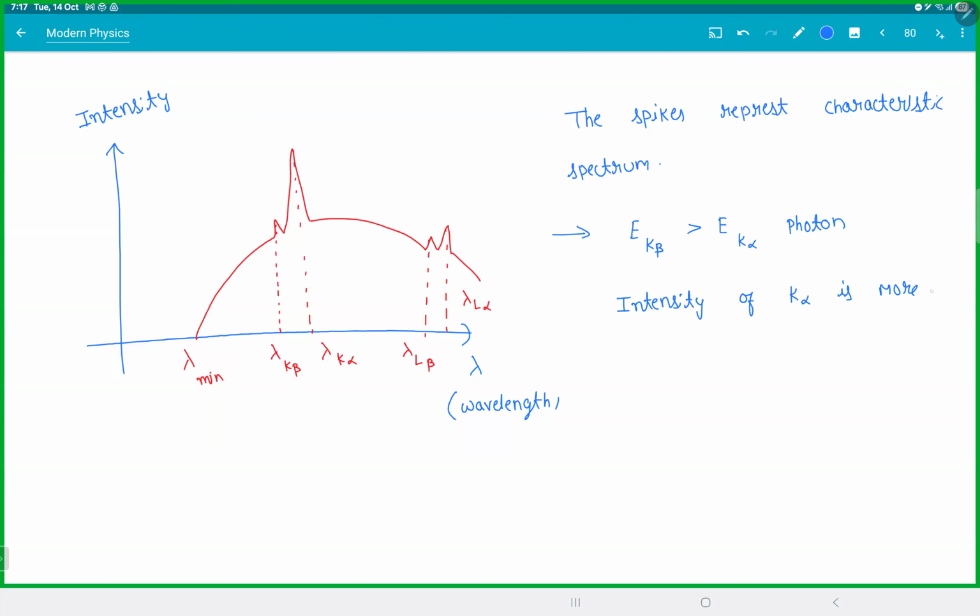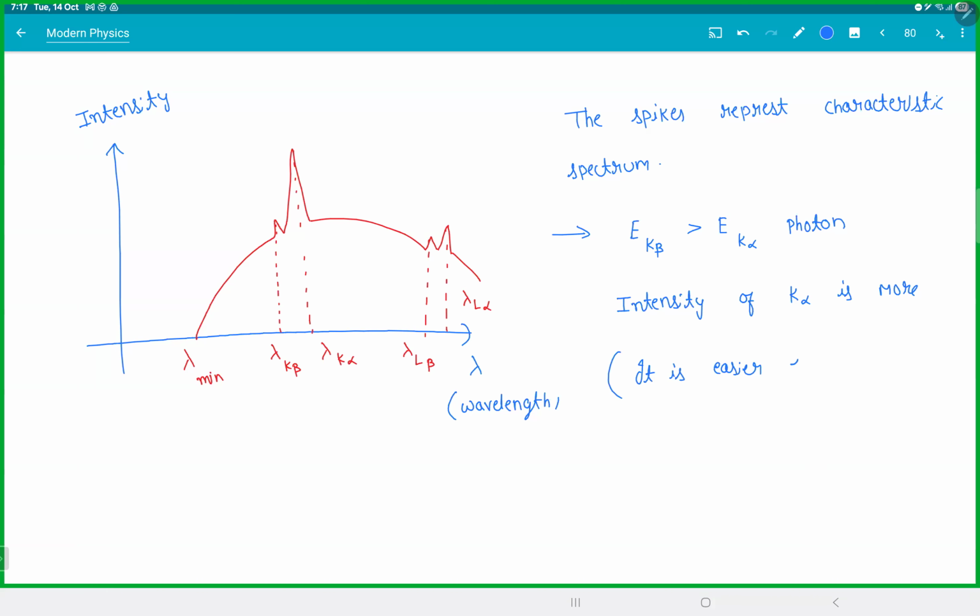Think about the shielding effect. When you jump from 3 to 1, the electrons in the second orbit will repel the electron. Is it easier for an electron to go from 2 to 1 or 3 to 1? 2 to 1 is easier. The probability of 2 to 1 is much higher. For almost every 100 K alpha photons, there's only one K beta photon. So even though the energy is less, you get a lot of photons, so the overall intensity increases. That is the shielding effect.